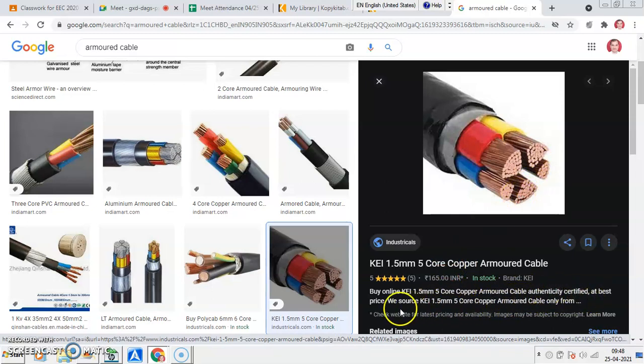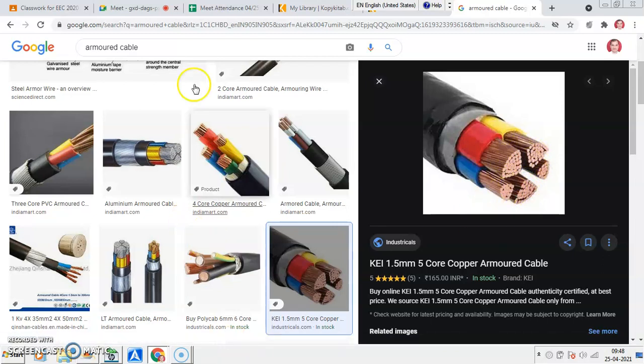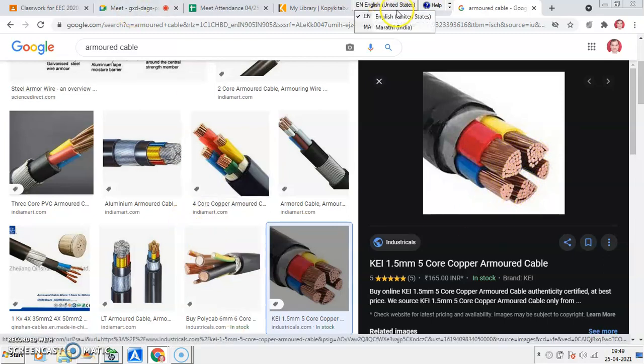It is particularly R, Y, B. This is R, Y and B phase. And these two conductors, for earth and neutral, are generally half of the cross sectional area of the phase conductors. Okay, earth. So this is the point what we have here.